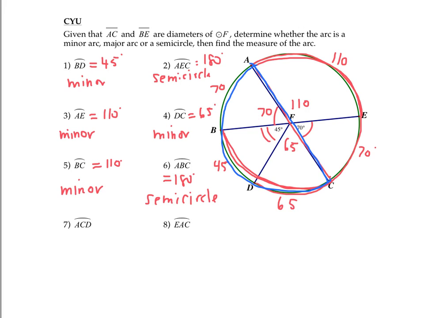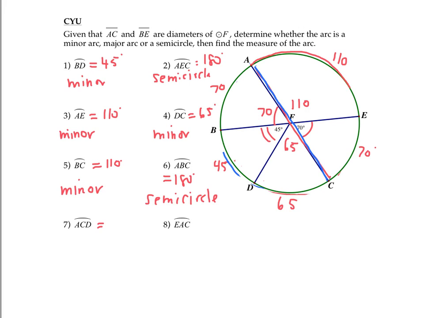Okay, 2 more. ACD. So start with A. We have to figure out which way to go in here. I'm going to erase some of this. I have a feeling that ACD is going to be a pretty big arc. In other words, a major arc. So let's follow it all around. We have to end up at D, so I want to go this way.